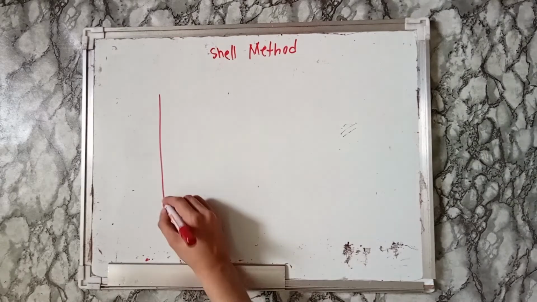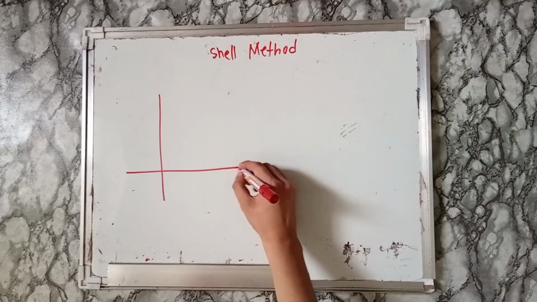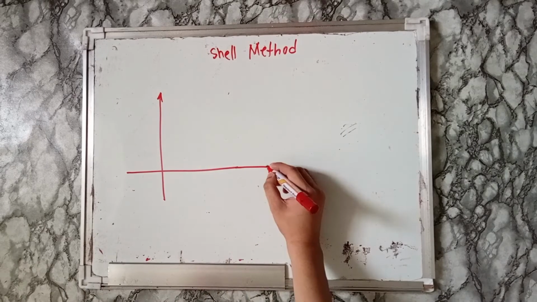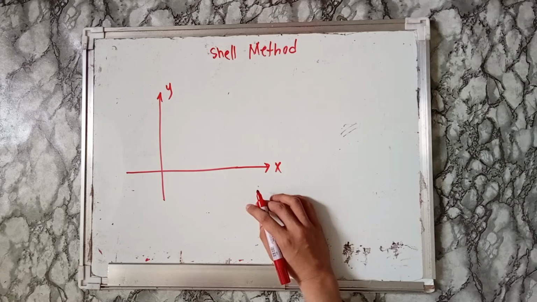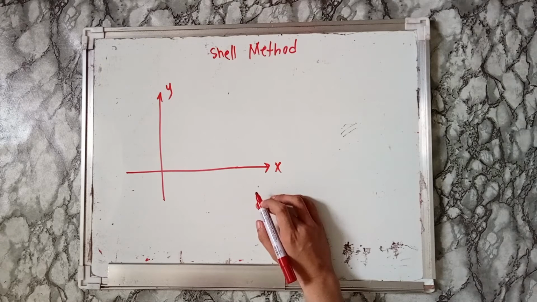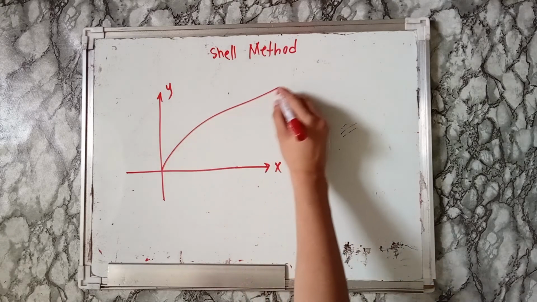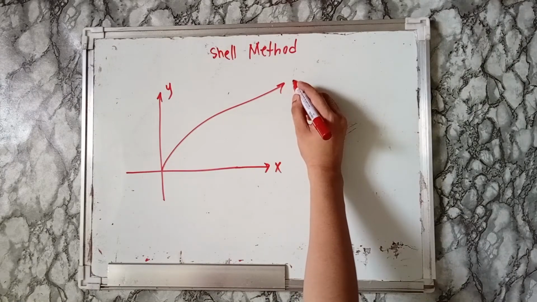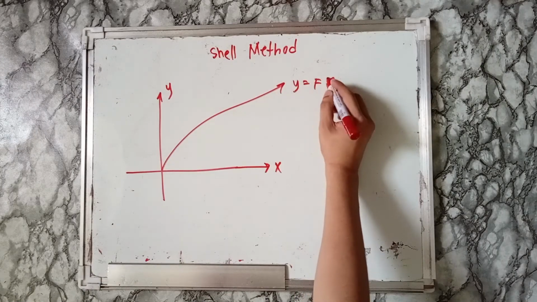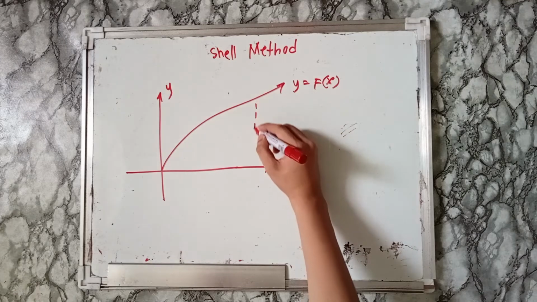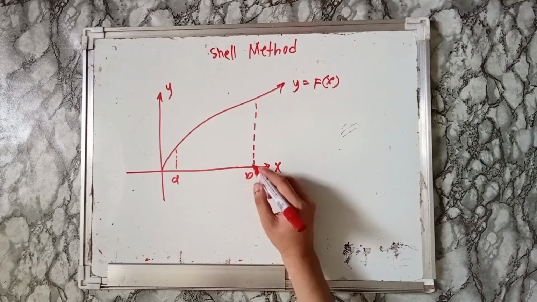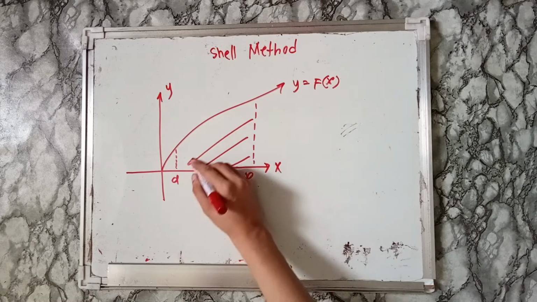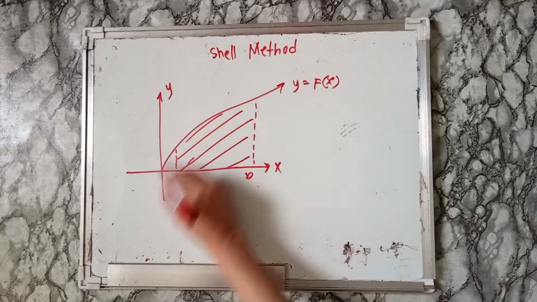Let's say we have a graph. This is y and this is x. And let's say we have a curve here. This is y equals a function of x from a to b, and our area of interest is here.